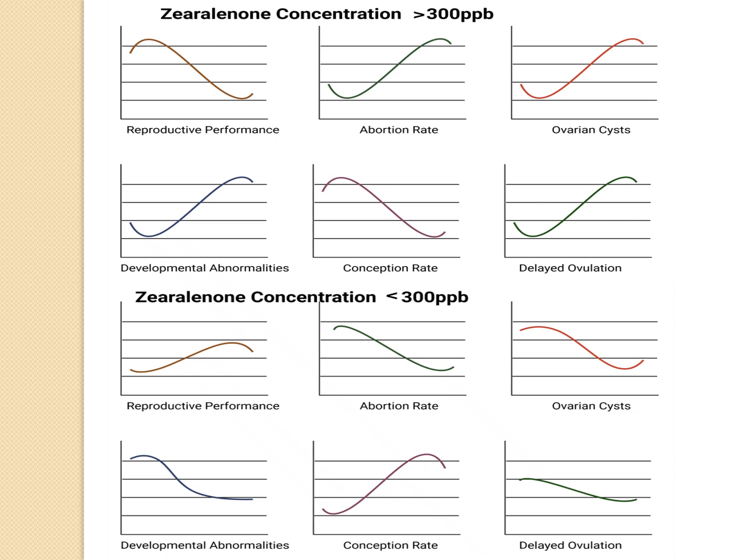With zearalenone concentration less than 300 parts per billion, there are different effects: a little bit increased reproductive performance compared to the other one, less abortion rate, less ovarian cyst, and fewer developmental abnormalities in the calf if the cattle is pregnant, increased conception rate, and decreased delayed ovulation.